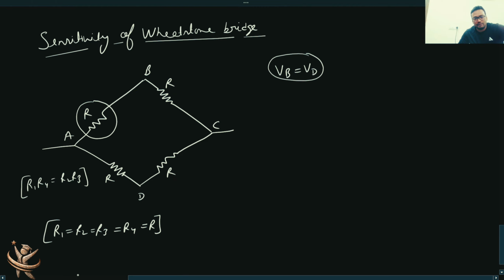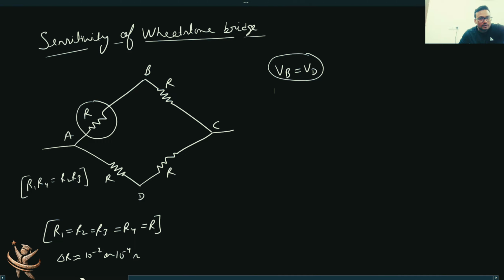But what is the observation? If I take all these four resistors the same, then after that if I change any one of them, even for a minute change, even 10 to the power minus 2 or 10 to the power minus 4 ohm, even if I make such tiny changes, this is getting affected.